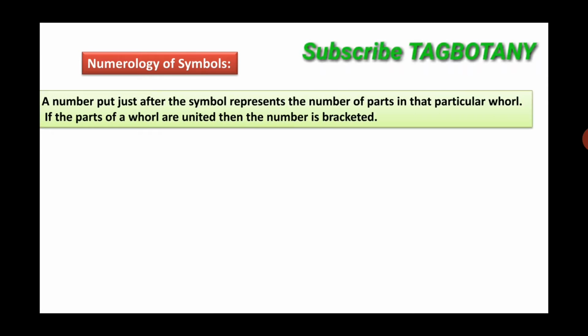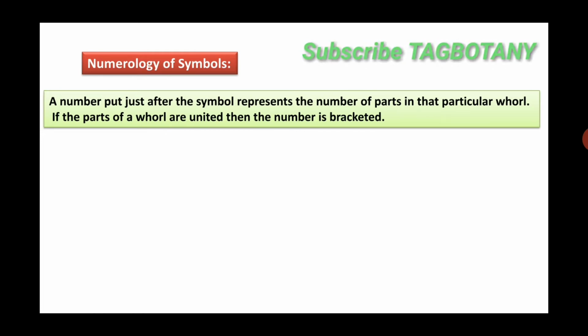Numerology of symbols. So what is numerology? Numerology is the branch of knowledge that deals with the magical significance of the numbers. A number put just after the symbol represents the number of parts in that particular whole. If the parts of a whole are united or fused, then the number is bracketed or written in parentheses.